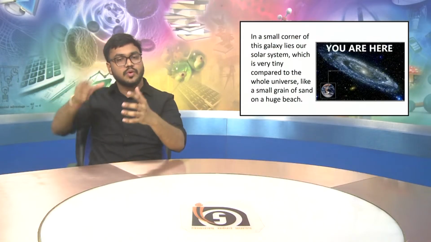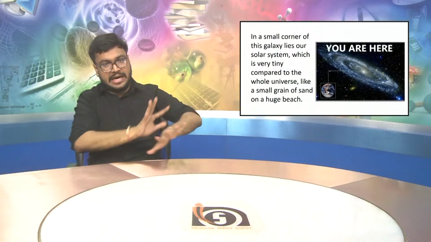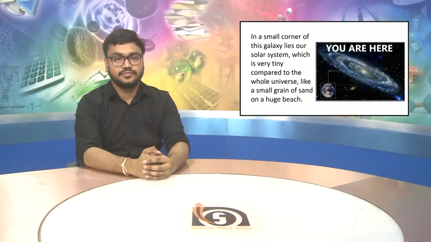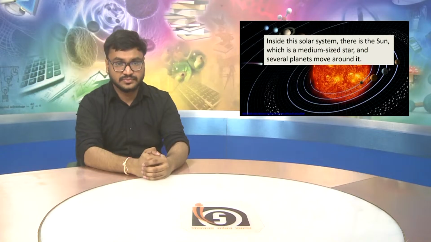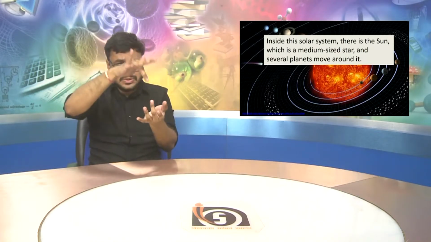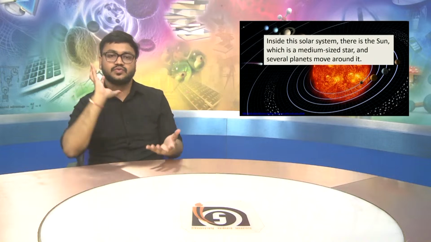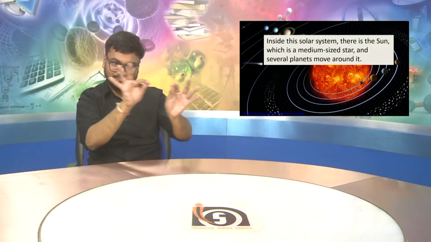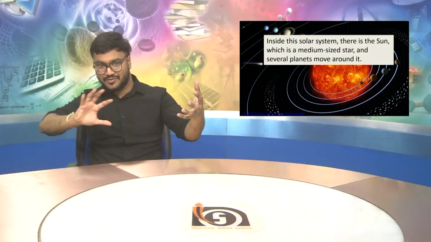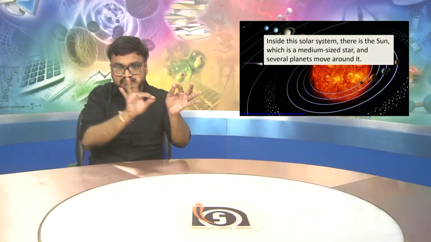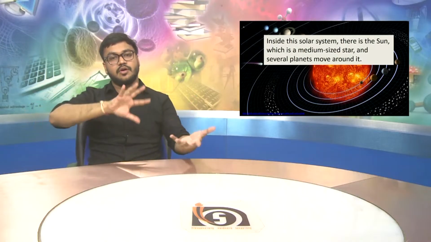As you can see on the screen, there is a picture, a visual explanation of the earth. Inside this solar system, there is the sun, which is a medium-sized star, and several planets move around it.